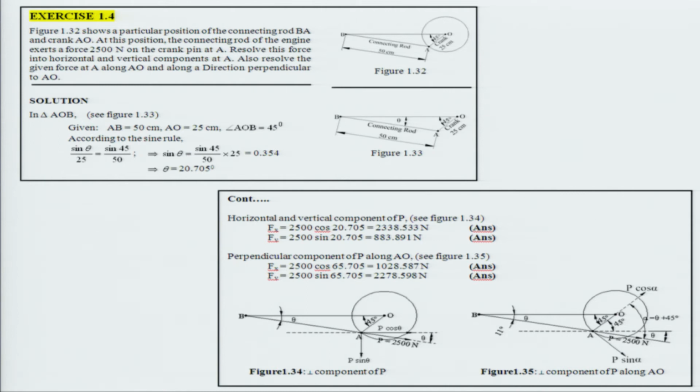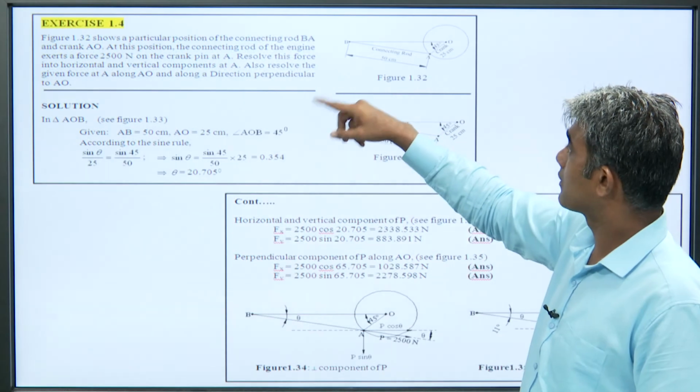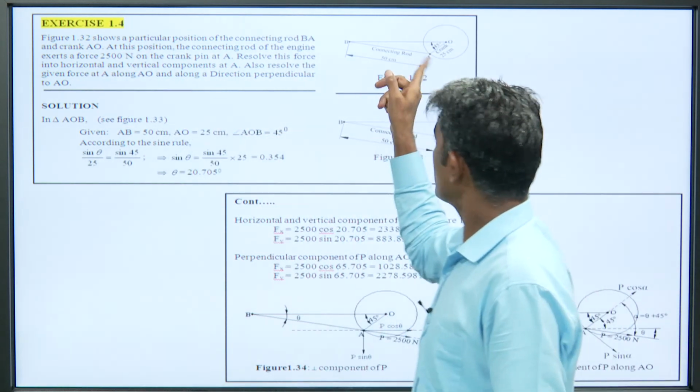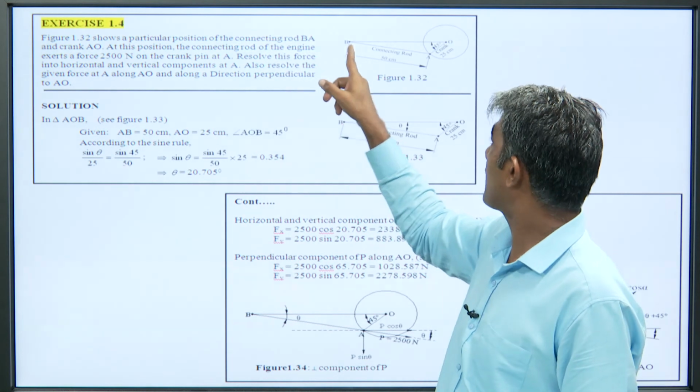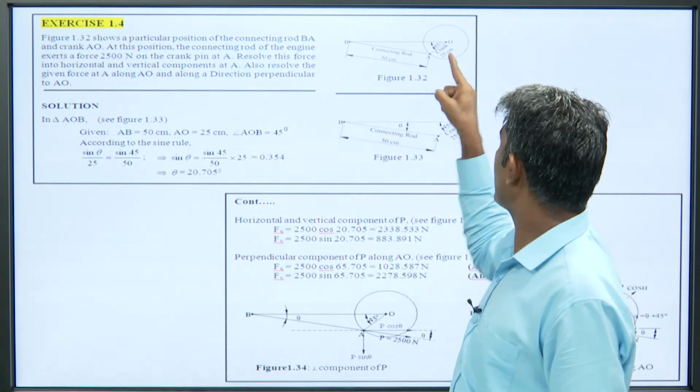In our next question, this figure shows a perpendicular position of the connecting rod BA and crank AO.